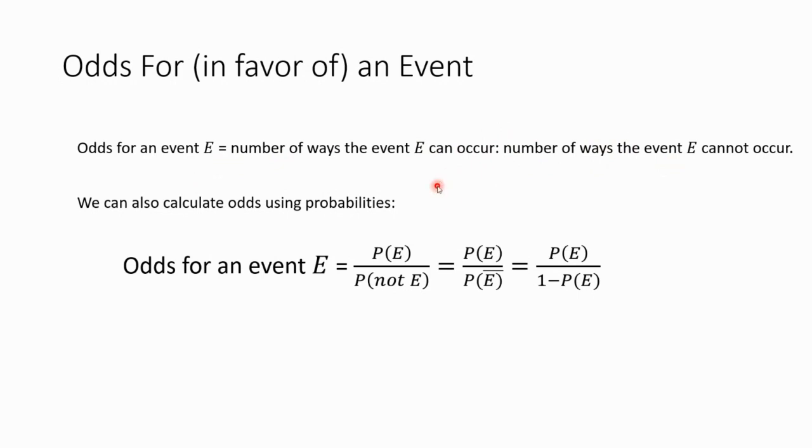You can, however, calculate it using probability. Namely, we have this definition. The odds for an event E is the probability of E divided by the probability of not E, meaning the probability of E not occurring. In other words, it's the probability of E divided by the probability of the complement of E. That's what the bar here is supposed to indicate.